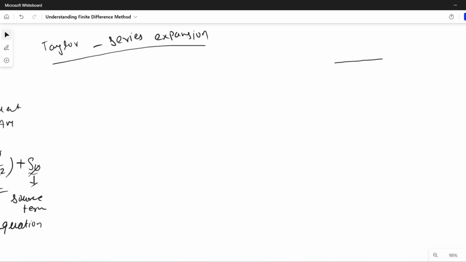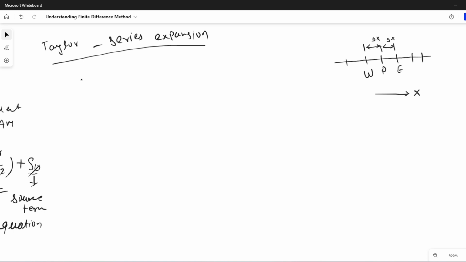Suppose we have a line something like this, and we have discretized this domain like this, and we have a point P, we have a point E that is east to point P, and we have a point W that is west to point P. This is my positive x direction, and suppose the distance between P to E is Δx and W to P is also Δx.